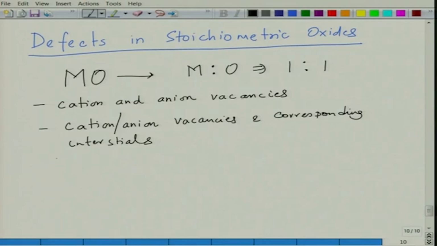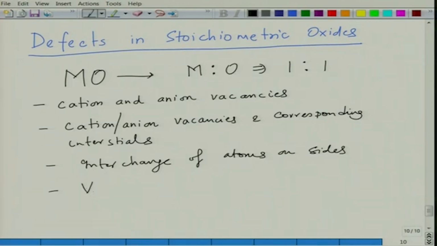You can have interchange of atoms, basically anti-site defects. You can have vacancies and a misplaced atom of the same kind. For example, a combination of metal vacancy and then a metal sitting on an oxygen site. There is a possibility. So, you have oxygen missing as well.